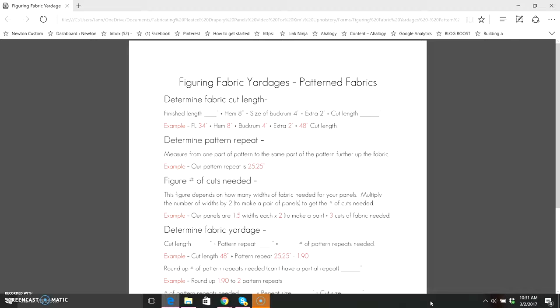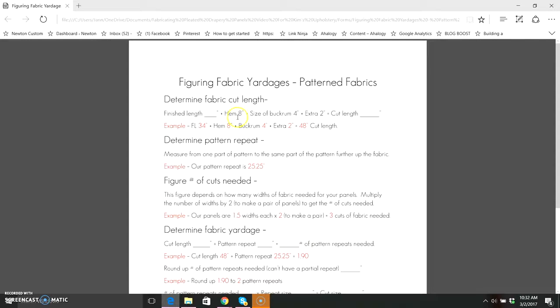Next, I'm going to walk you through how to figure your fabric yardage if you have a pattern fabric instead of a solid fabric. There are some calculations that you're going to need to determine first before you can figure the yardage. You're going to need to know what your fabric cut length is. And to find that, you would take your finished length, add in your hem allowance.